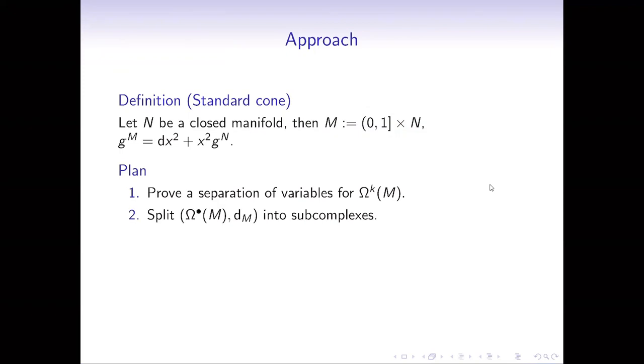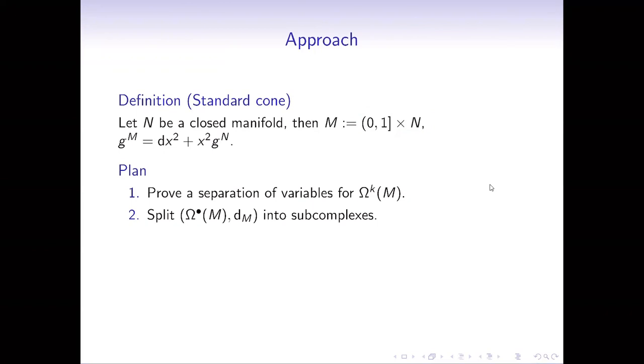Then we split the entire de Rham complex into subcomplexes, and I think this is a pretty cool idea. It uses Hodge decomposition and a couple of other things we talked about in this course and in the index theory course. So it's kind of cool.